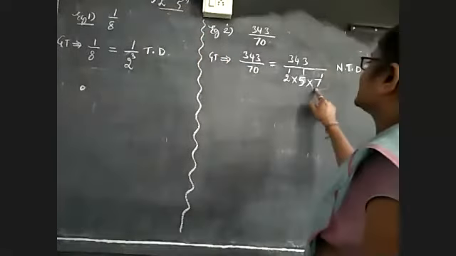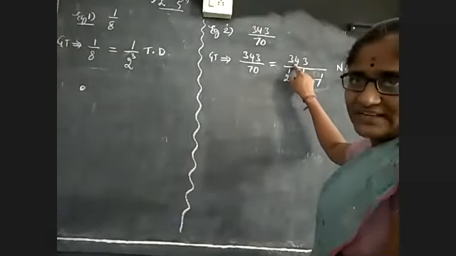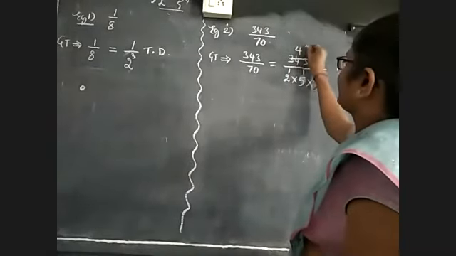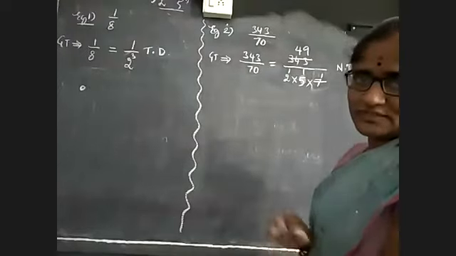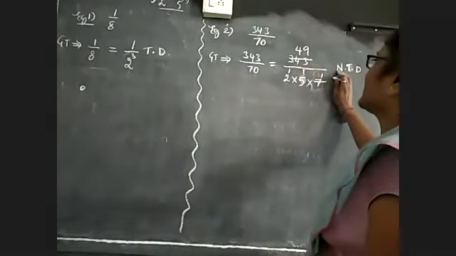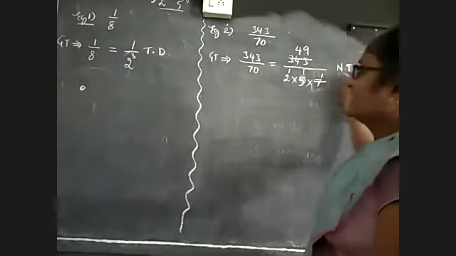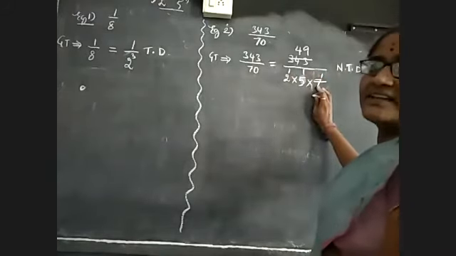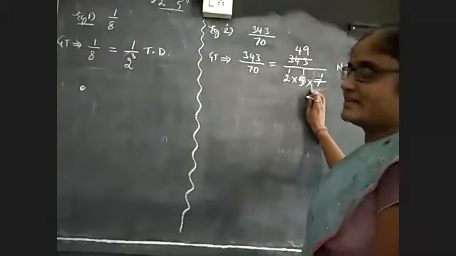Here there is a chance to simplify this 7 with 343: 7 ones are 7, 7 fours are 28, 7 sevens are 49, 343 is 7 times 49. If we can't simplify the 7 with the numerator, then we can conclude it is non-terminating, because the prime factorization of 70 contains another prime factor, 7.